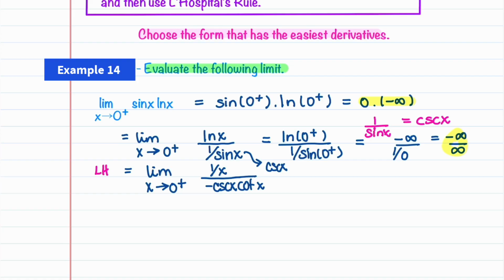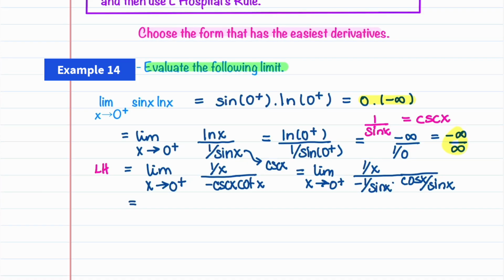I think the form that our limit is in makes it difficult to evaluate things. So I am going to change this back to be the limit as x goes to 0 from the right of 1 over x on the top. And then I'm going to write cosecant as 1 over sine x, and then let's put in that cotangent is cosine x over sine x.